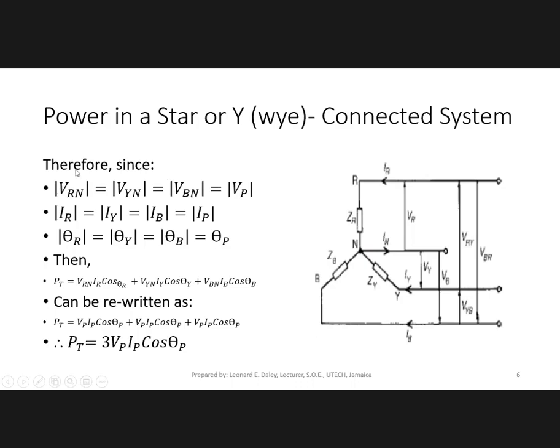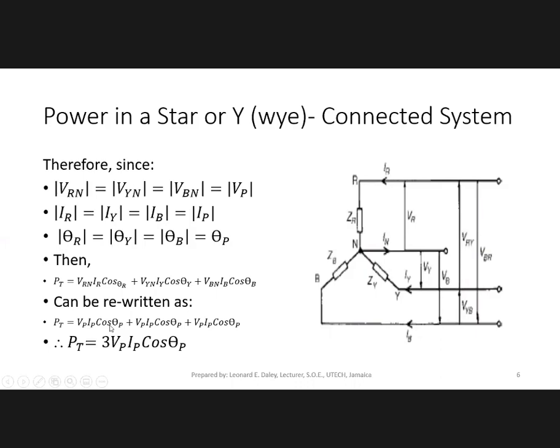And that made our system balanced. All right, so basically I've summarized all of these. So I can rewrite now the general equation for the total power as so, substituting where I have VRN or VYN or VBN, I substitute VP. Where I have IR, IY, and IB, I substitute IP. And where I have cos theta R, cos theta Y, and cos theta B, I substitute cos theta P. Right?